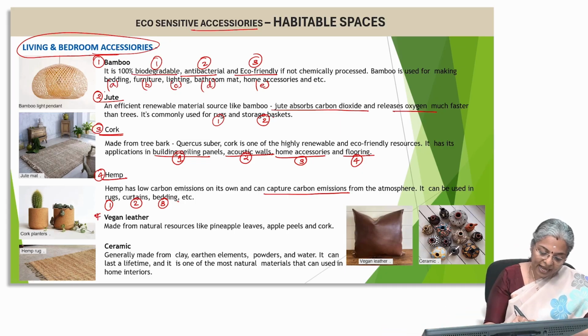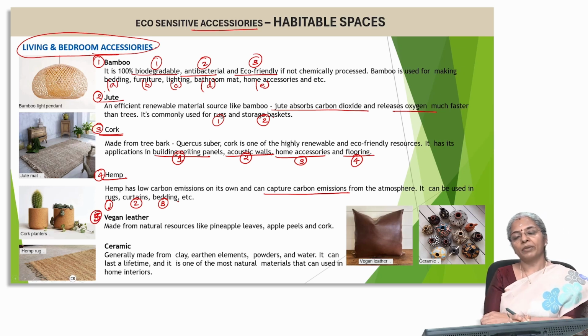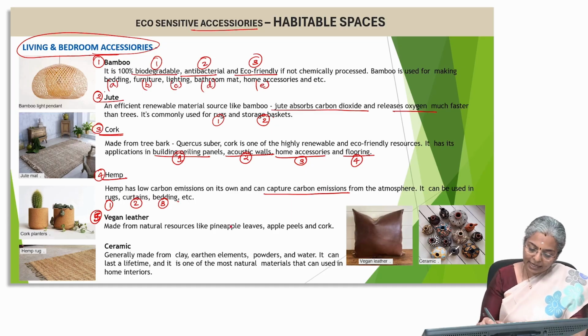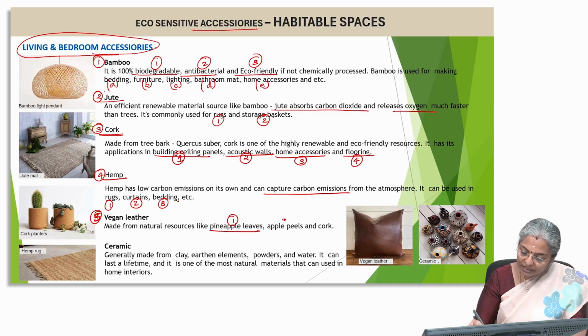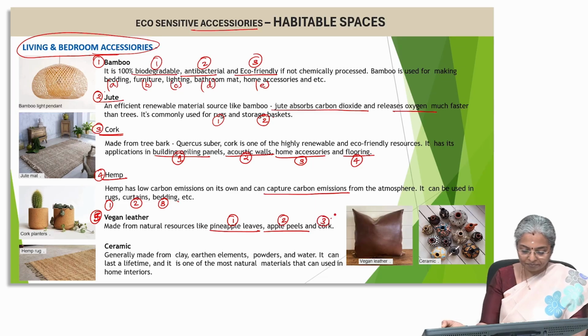So, it actually mimics leather, but it is not animal based leather. So this can be made from natural resources like pineapple leaves, apple peels, or even cork, and it looks almost like leather.